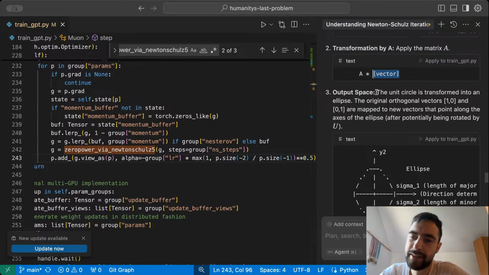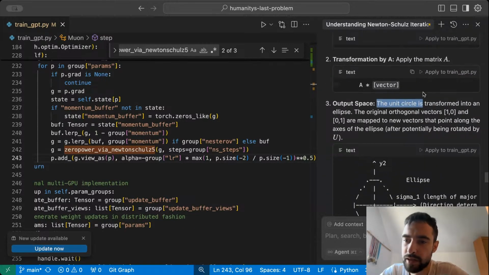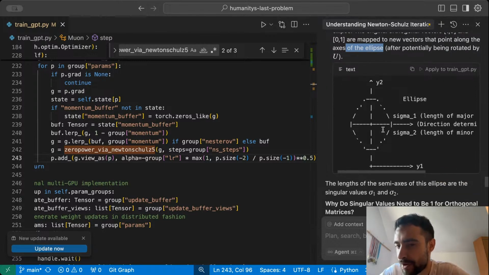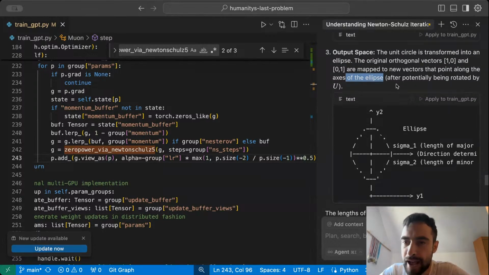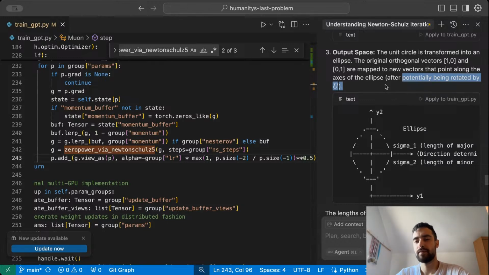Output space. The unit circle is transformed into an ellipse, or the original orthogonal vectors (1, 0) and (0, 1) are mapped to new vectors that point along the axis of the ellipse, after potentially being rotated by U. Okay.